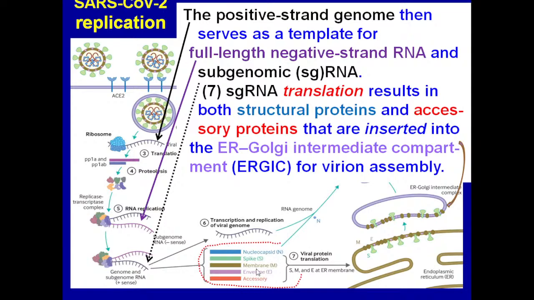See what kind of proteins are produced. So see here, the four structural proteins are produced, N, S, M, E, and then the red one. These are accessory proteins, or non-structural proteins, that are very important in the development of the virions.